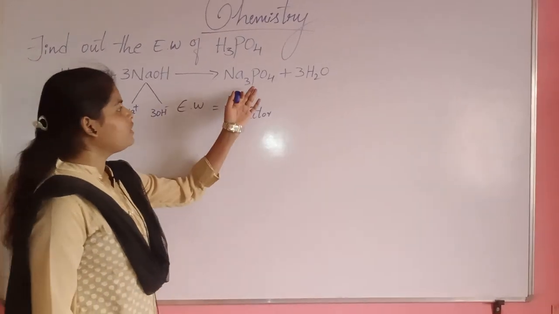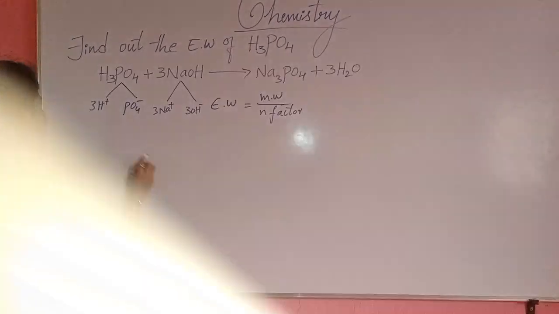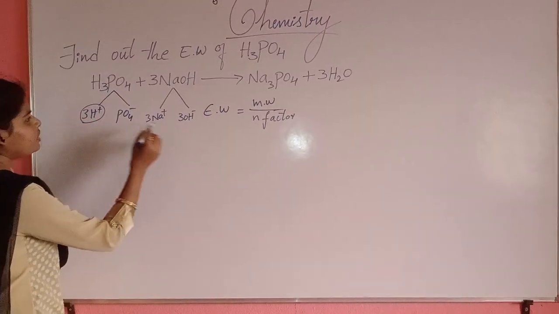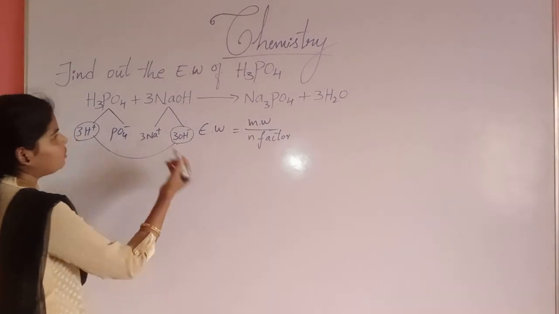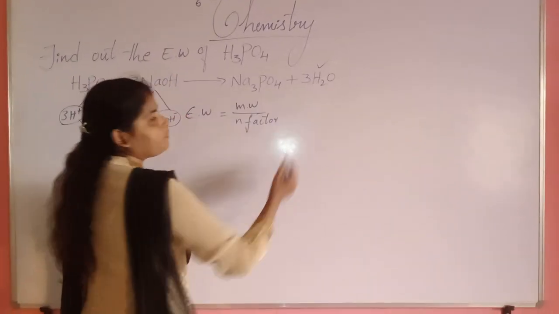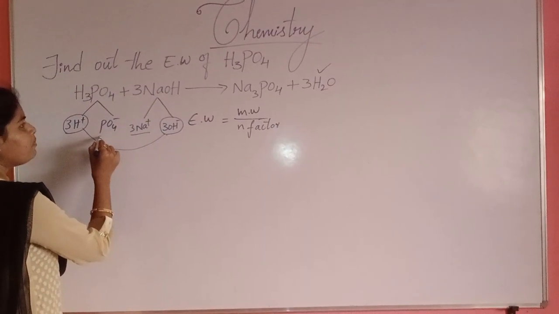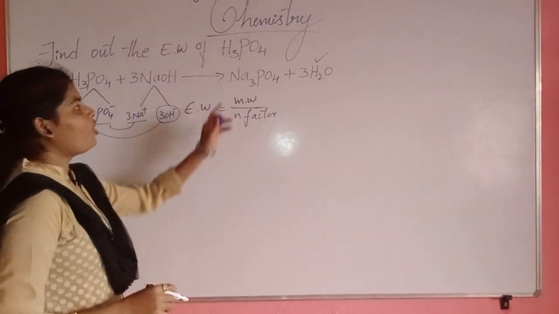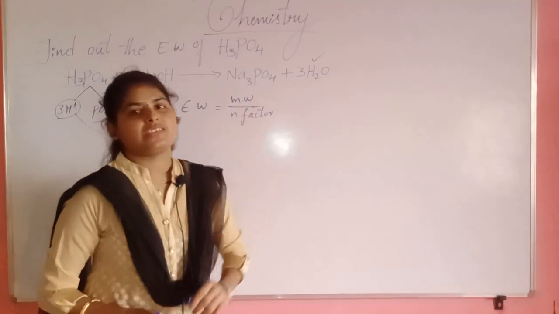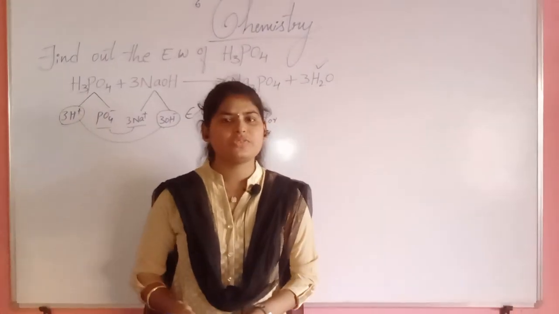The salt formation takes place as follows: the 3 H plus ions and 3 OH minus ions combine together to form 3 H2O. Then the 3 Na plus ions and PO4 minus ions combine together to form Na3PO4, which is the salt formed as a result.